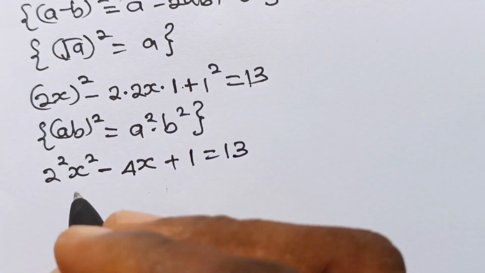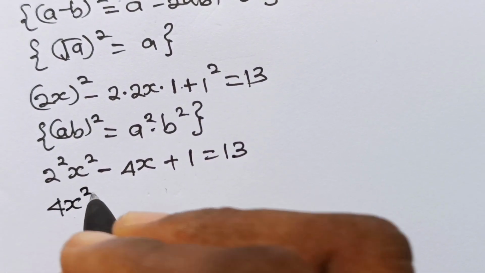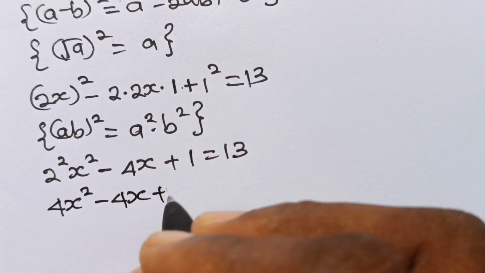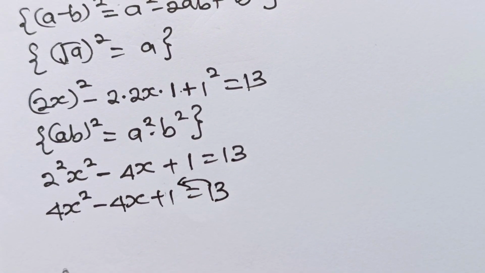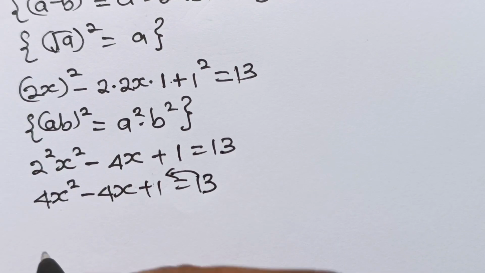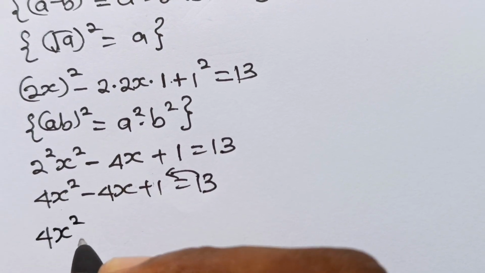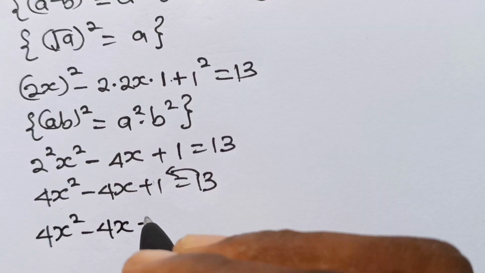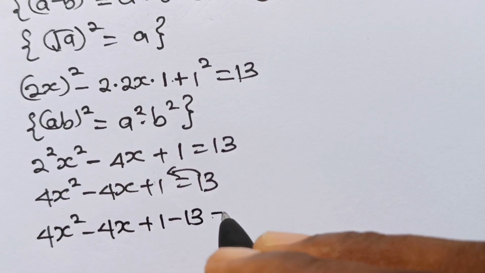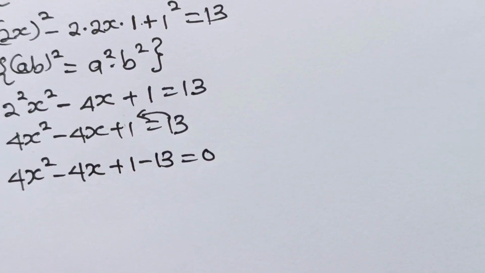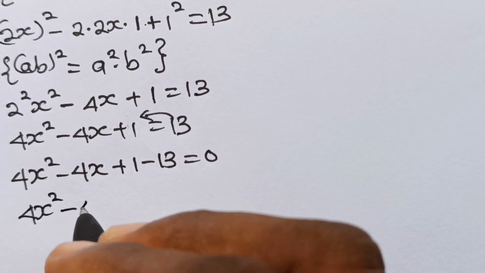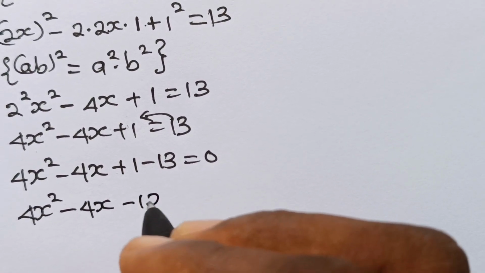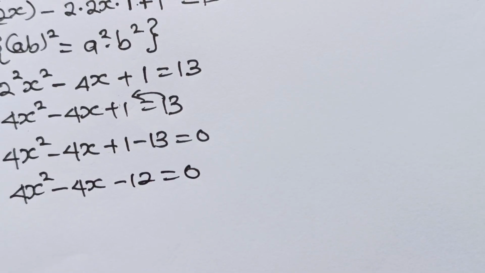If we simplify further, we have 4x squared minus 4x plus 1 is equal to 13. Now let's transfer this to this side. So we have 4x squared minus 4x plus 1 minus 13 is equal to 0. So we have 4x squared minus 4x minus 12 is equal to 0.